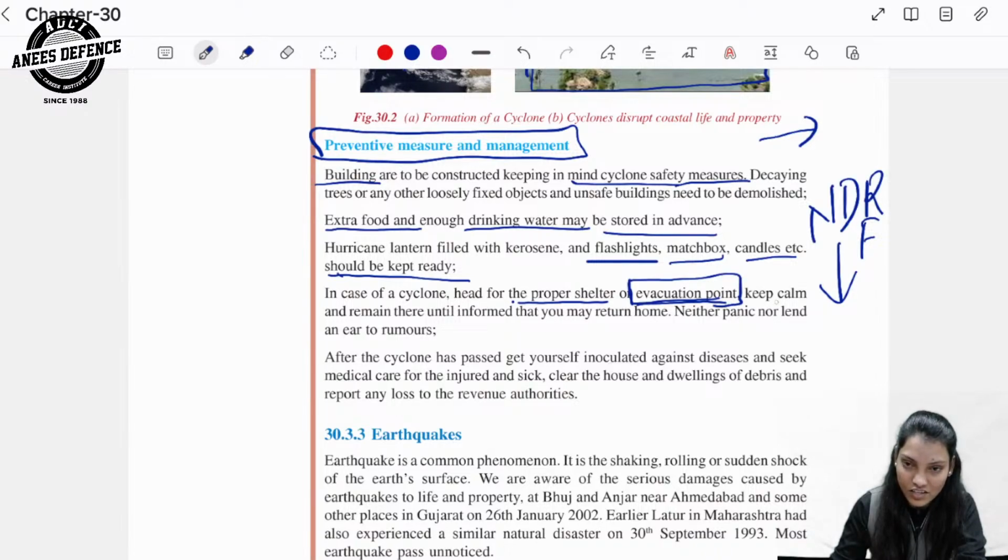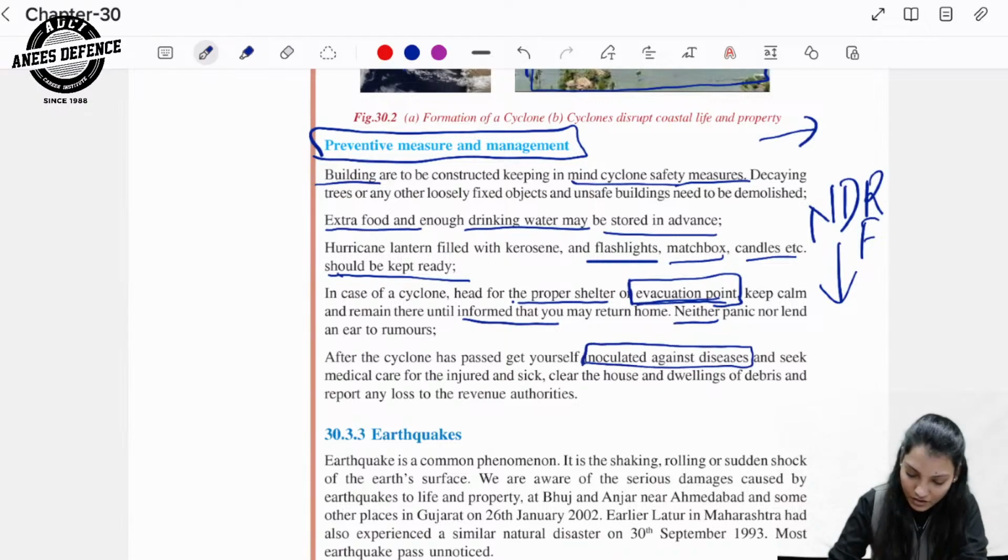Whenever a cyclonic condition is there, you should keep calm and remain there until informed that you may return home. You should not panic. After the cyclone has passed, get yourself inoculated against diseases, because after every cyclone and flood, there is a chance of outbreak of disease.